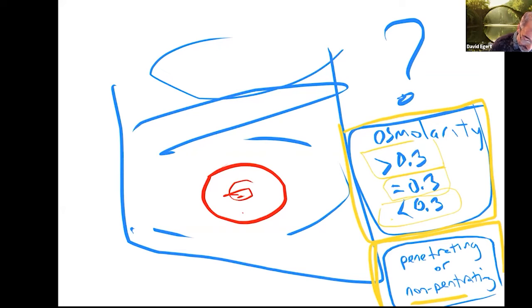If it's penetrating, then you've got to be careful because it can even be isoosmotic but still be hypotonic, because the penetrating solute enters the cell and then the water follows, which ultimately ends up inflating and bursting the cell. Does that make sense?